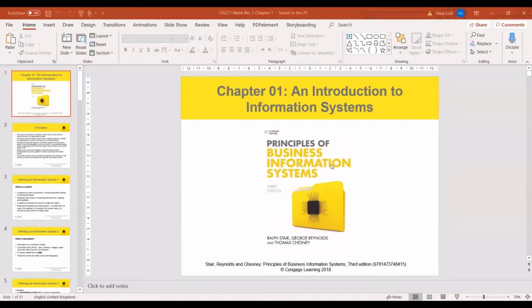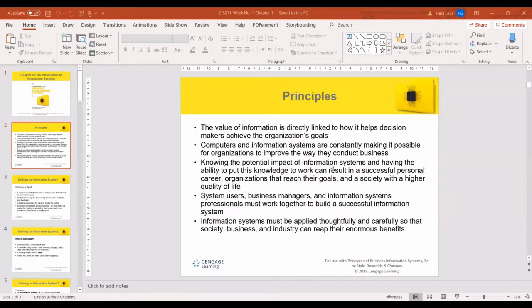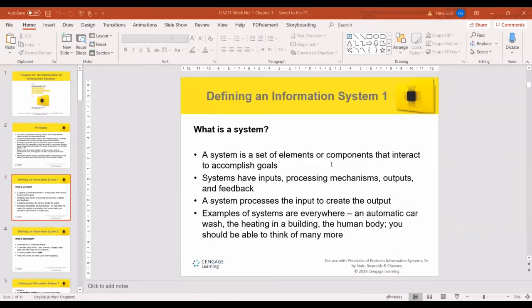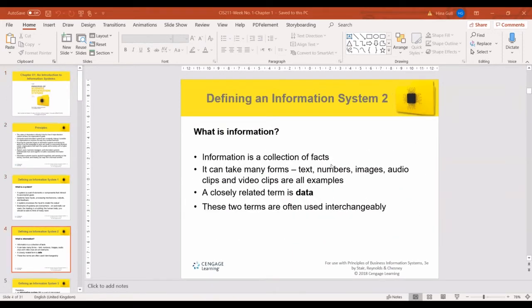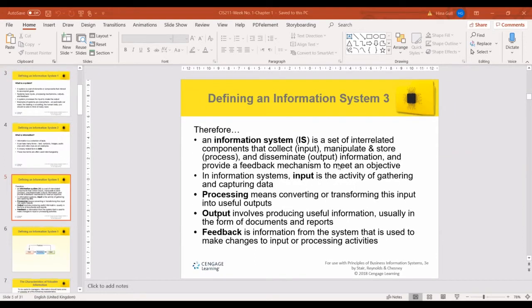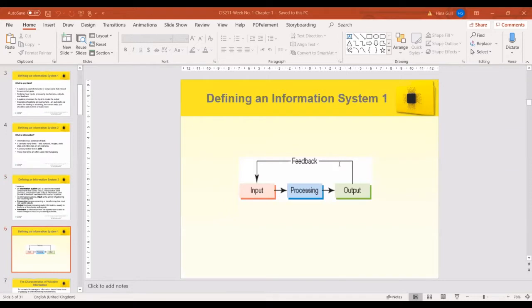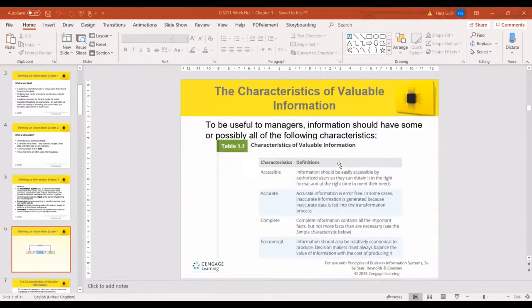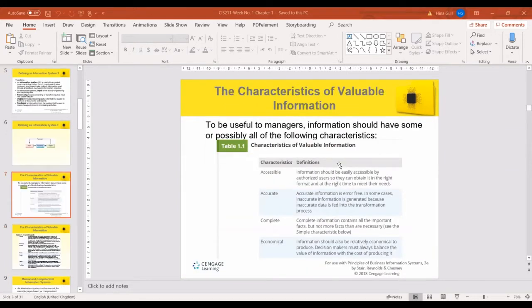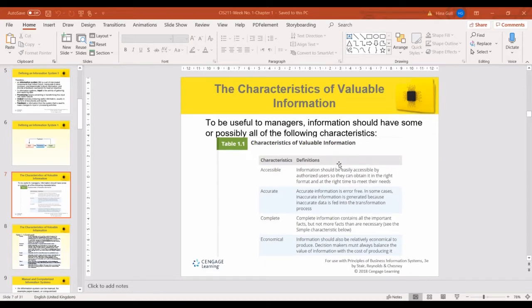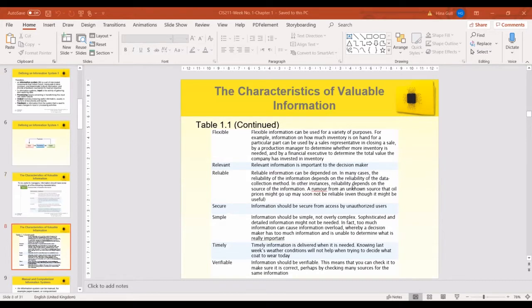So we discussed, I guess, 8-9 slides. Yesterday, in the previous class, we discussed what is system, what is information. Then we discussed the information system. Then we discussed the characteristics of valuable information: accessible, accurate, complete, economical, and all these.